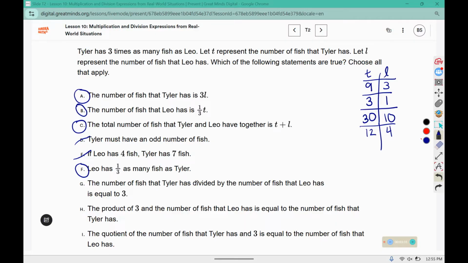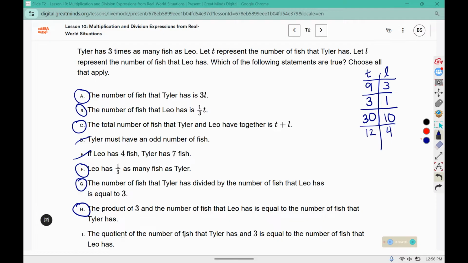If we did Tyler's divided by Leo's, 30 divided by 10 is 3. 12 divided by 4 is 3. 3 divided by 1 is 3. 9 divided by 3 is 3. So that is true. The product of 3 and the number of fish that Leo has is equal to the number that Tyler has. 3 times 3 is 9, 1 times 3 is 3, 10 times 3 is 30, 4 times 3 is 12. So that one is true.